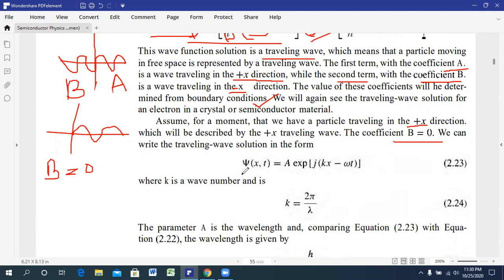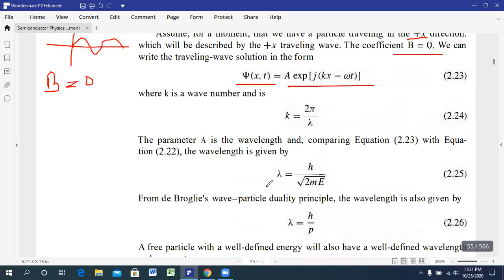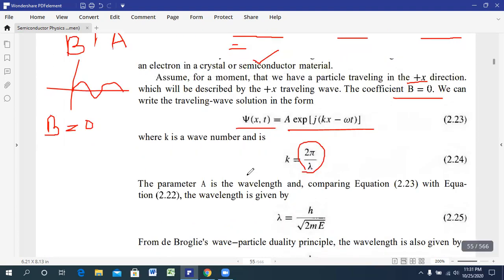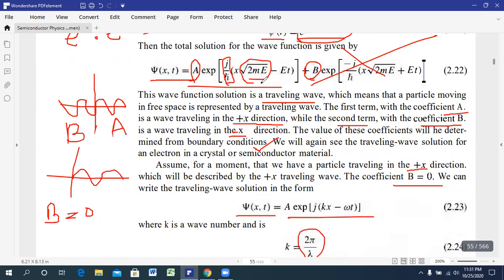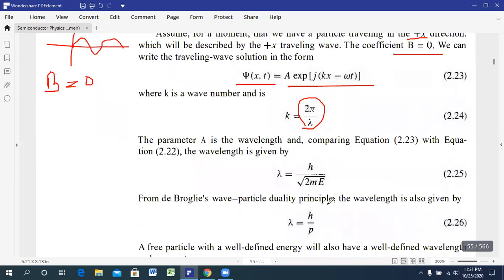Is that okay? So if we compare these things, the time independent or time dependent traveling wave solutions, then we can write this lambda. If we compare these with our main equations, then we can write that lambda should be equal to h divided by root over 2 m e.